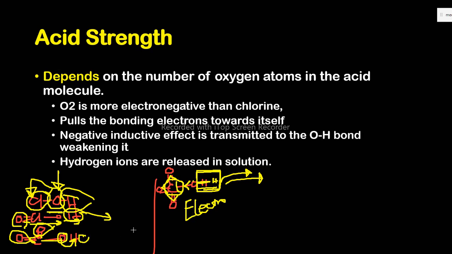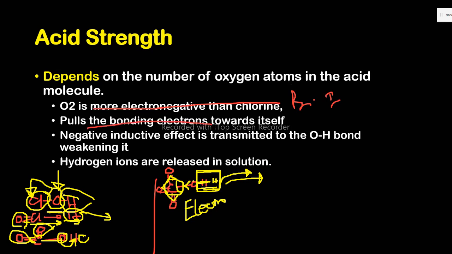You increase from 2 to 3, and now the effect becomes pronounced. So the more oxygen atoms present on the oxo acid determines how strong the acidity of the oxo acid is going to be. Oxygen is more electronegative than chlorine or bromine or iodine, depending.